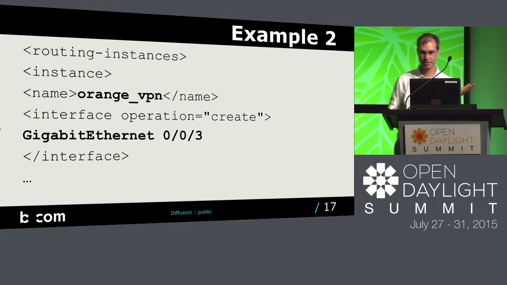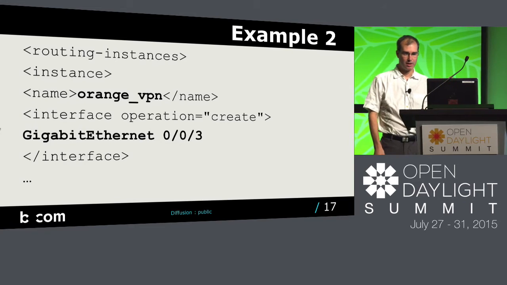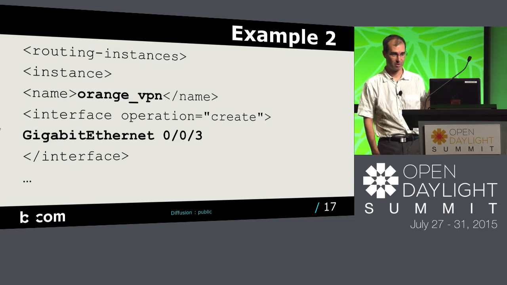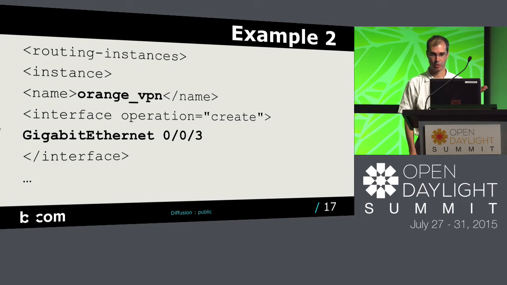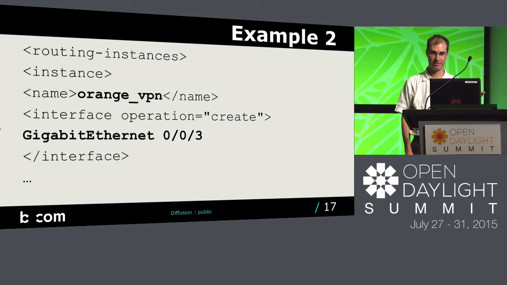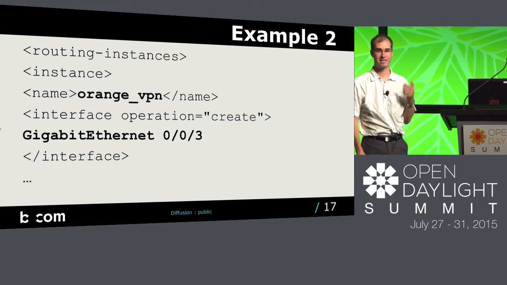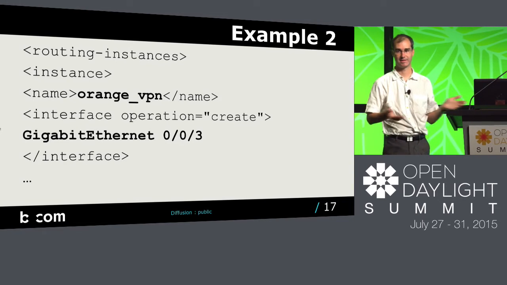Then there is another example on another kind of router. It's how you add port gigabit Ethernet 003 to the Orange VPN on a Juniper device. And the key thing here is that it's not the same syntax as earlier.